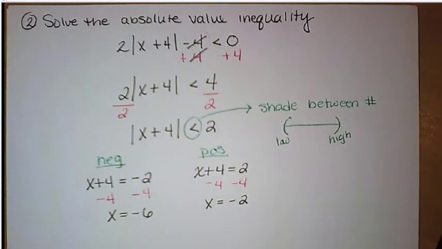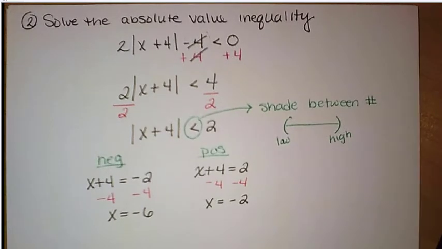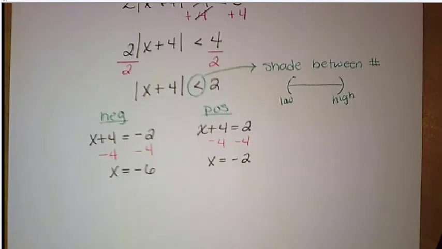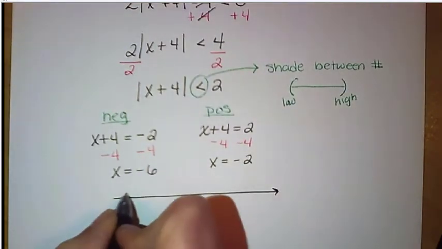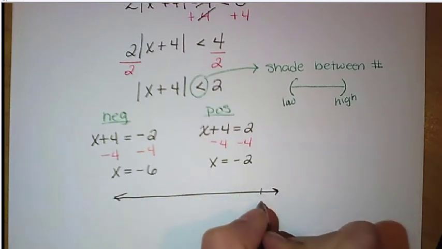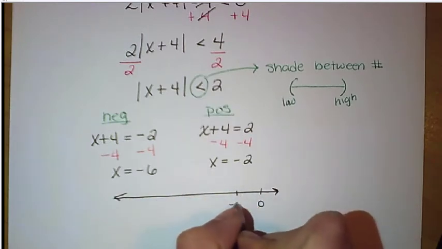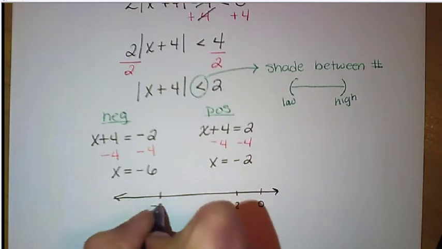Now remember, it doesn't necessarily have to be a negative answer and a positive answer, just that one is larger than the other. Now, I like shading and graphing first and then writing my interval notation from that. So here's my graph. Here's 0. -2 is right here, and -6 is down here.